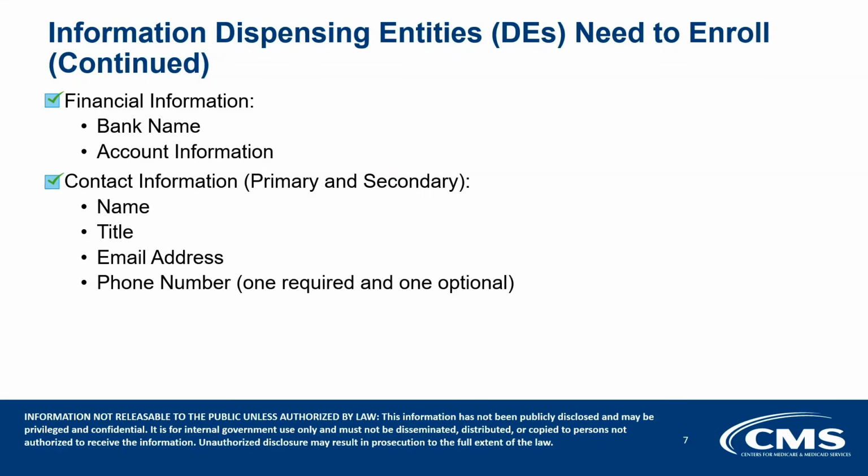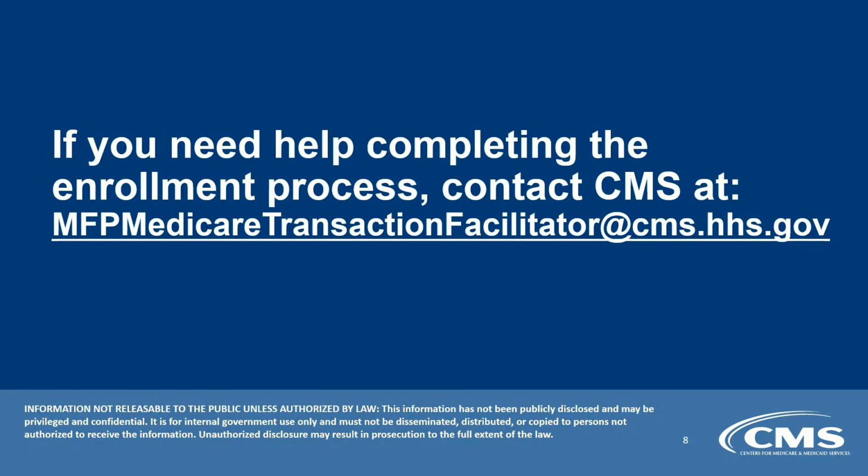You will also need the contact information identified for primary and secondary contacts: the name, title, email address, and phone number. If you need help completing the enrollment process at any point, please contact CMS at MFP Medicare Transaction Facilitator at cms.hhs.gov.